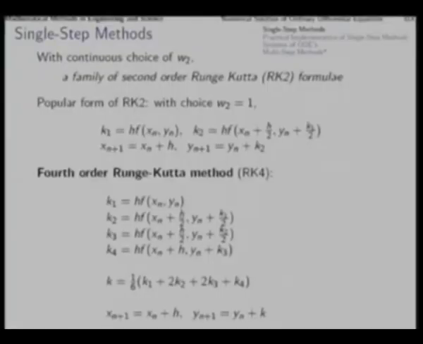Similarly, with 4 function evaluations, you can get a fourth order Runge-Kutta method.